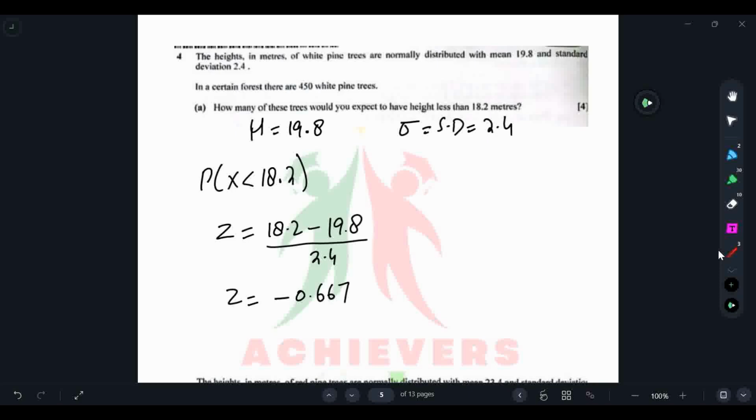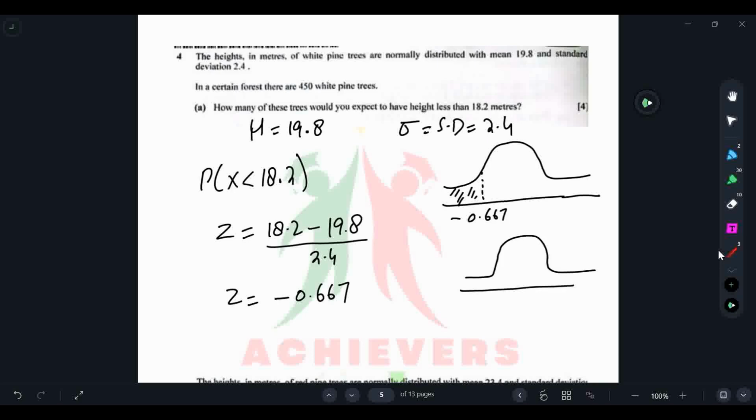So minus means what? We know we have to see the value, because the normal distribution table will share the value towards the left hand side. So this will be minus 0.667, and if we try to find out the value for the negative one, we need to find out this one, 0.667.